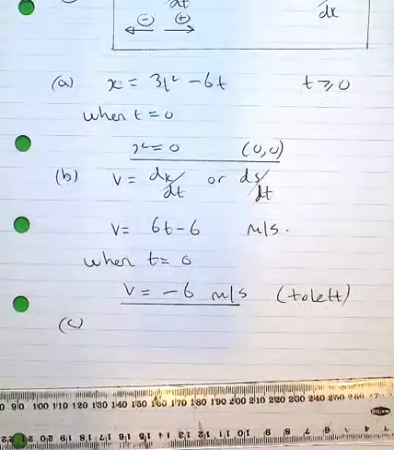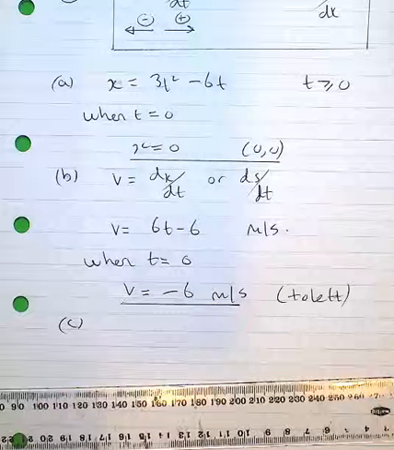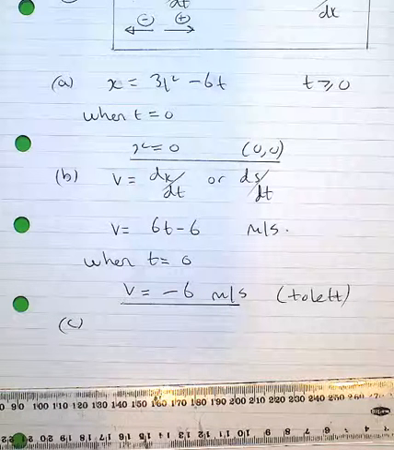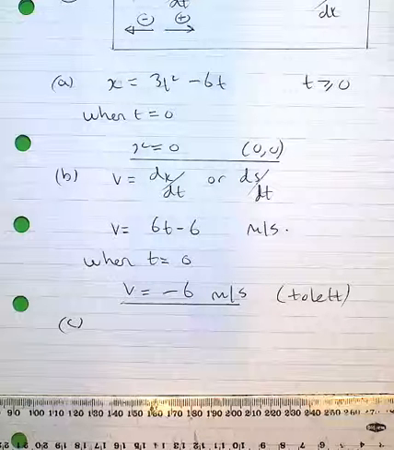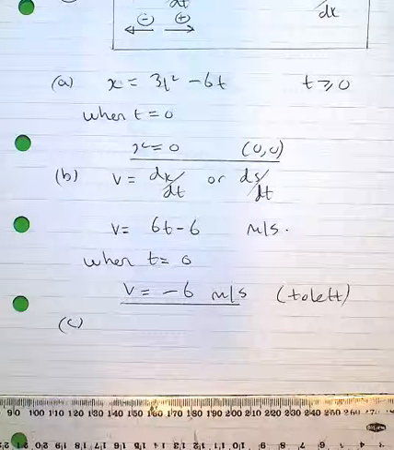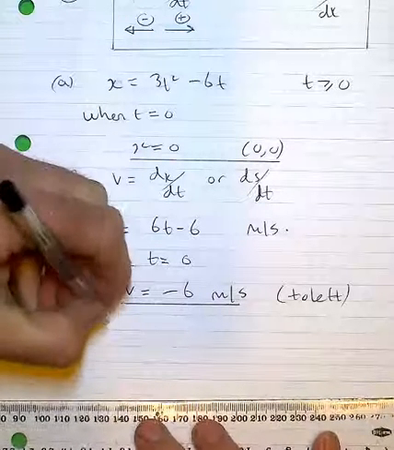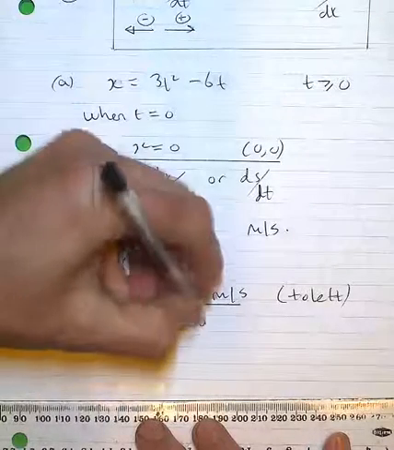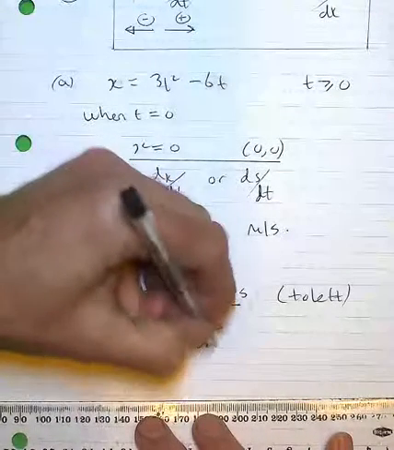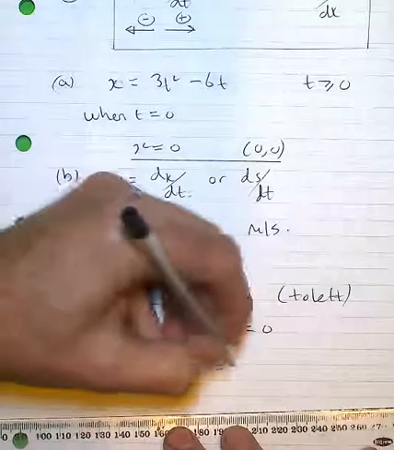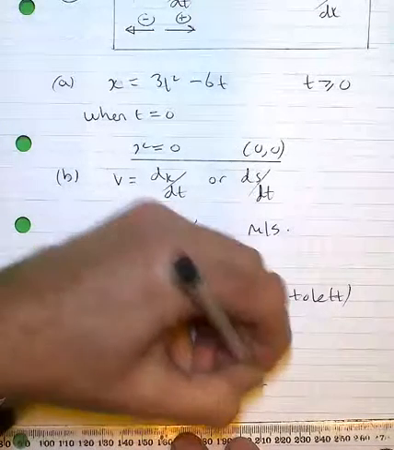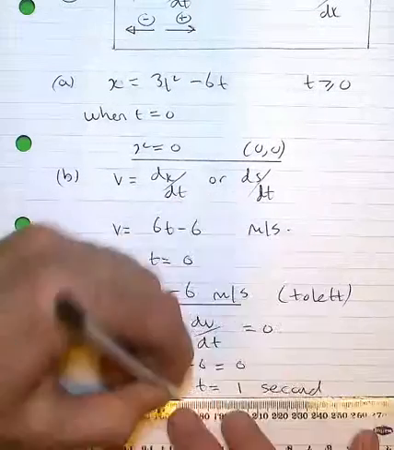Now, what time was the object momentarily at rest? Now, in C, you're asked for what time and position is the particle momentarily at rest. Now, that's going to occur when dx on dt is equal to 0, or 6t minus 6 is equal to 0, t is equal to 1 second.